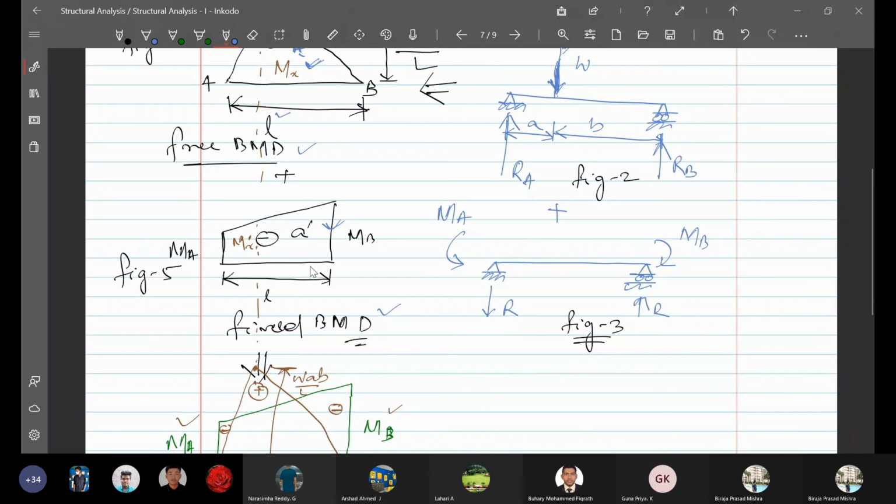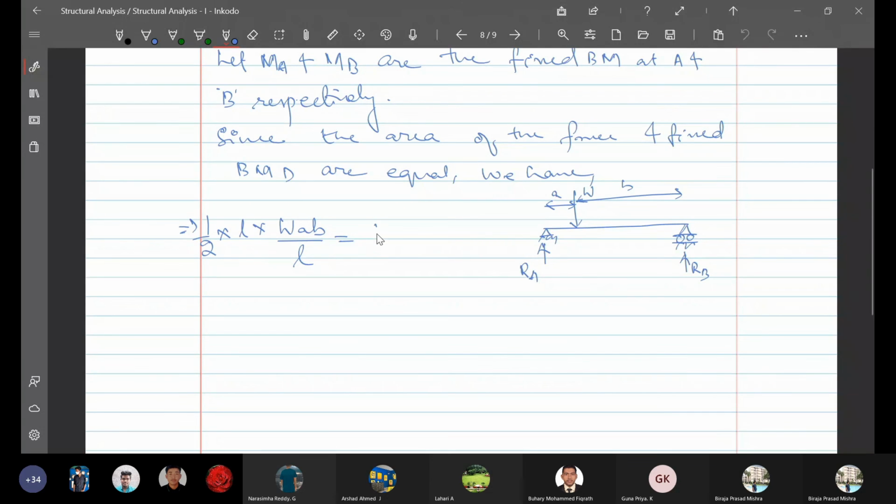It will be the average of MA and MB into L, so I can write it as half of MA plus MB into L.